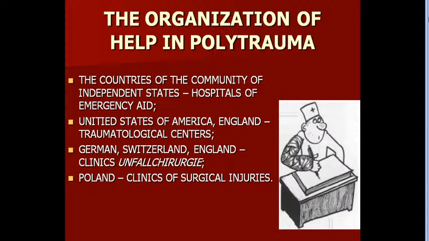In the countries of the Community of Independent States, it is the Hospital of Emergency Aid. In the United States of America, England, there are Traumatological Centers; in Germany, Switzerland, England, Clinical Infant Surgery; in Poland, Clinical of Surgical Injury; in Russia, Ukraine, and other countries, it is Hospital Emergency Surgery.